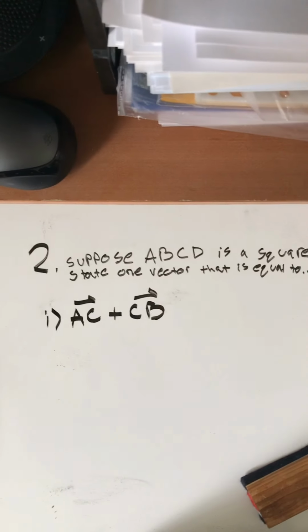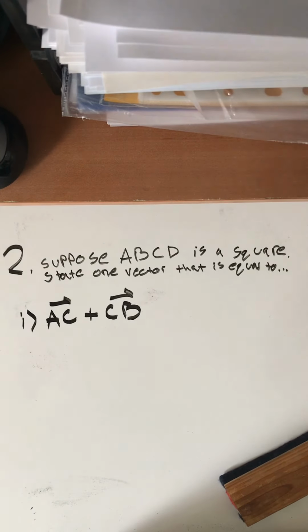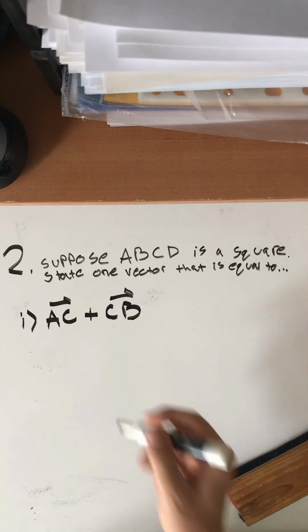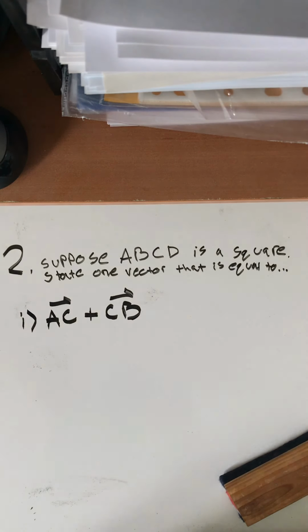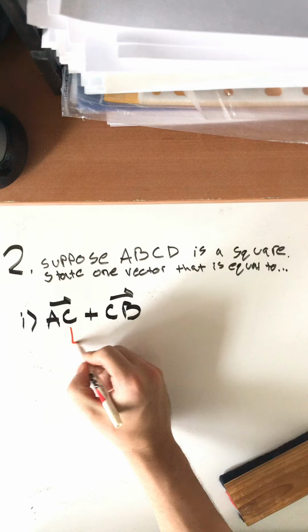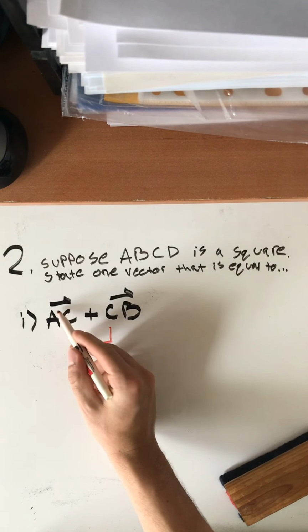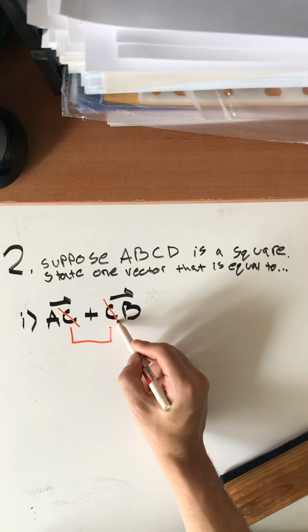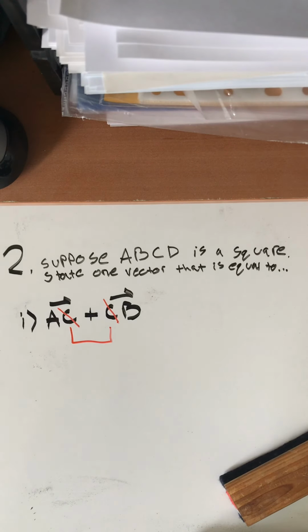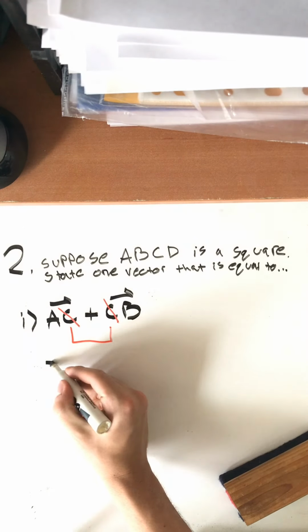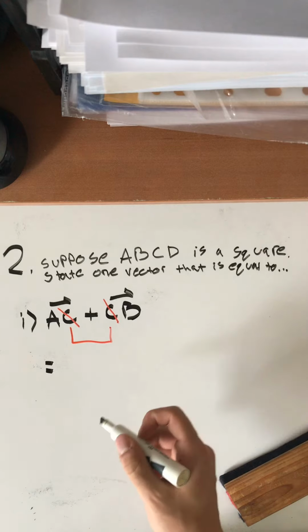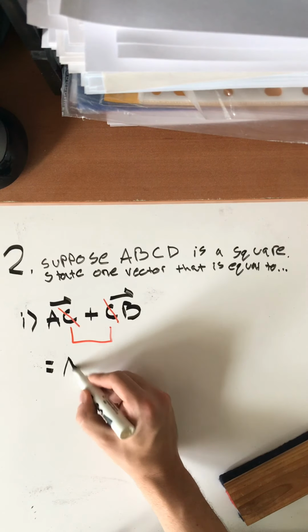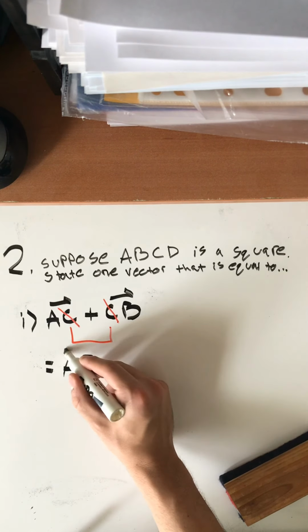However, by looking at this algebraically, we can solve using like terms, because sometimes you might not always have a visual representation. I'm going to write this in red here. So C and C are the like terms, and we can simply cancel them out, resulting in our answer of AC vector plus CB vector equaling AB vector.